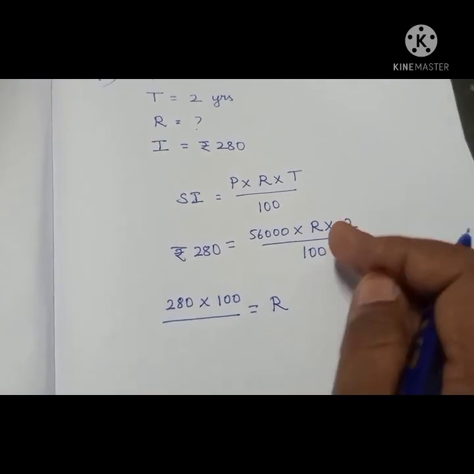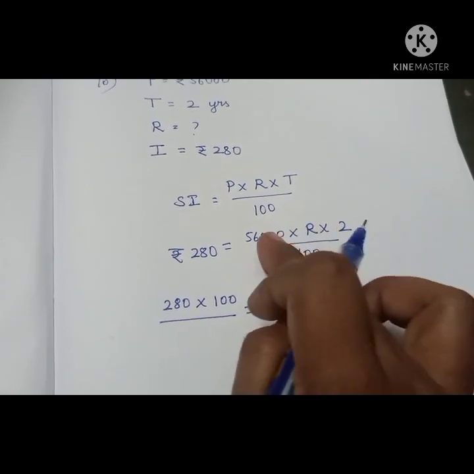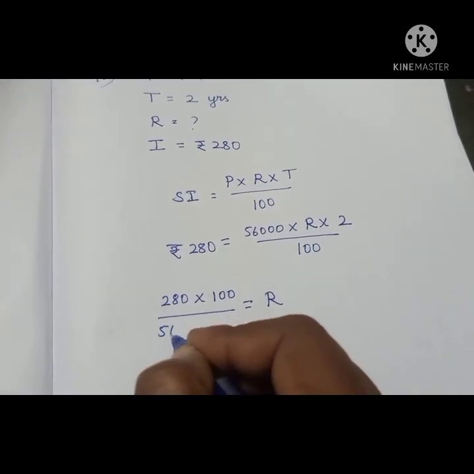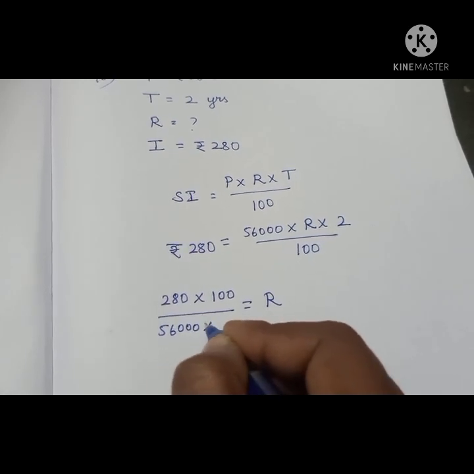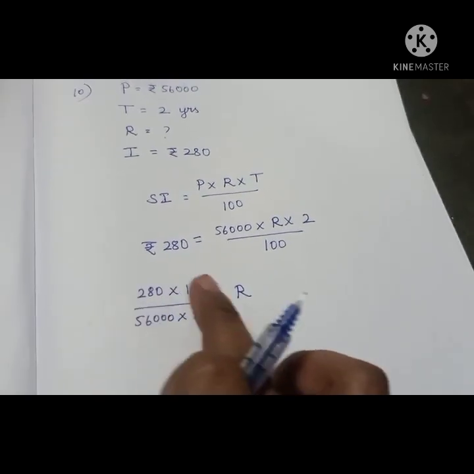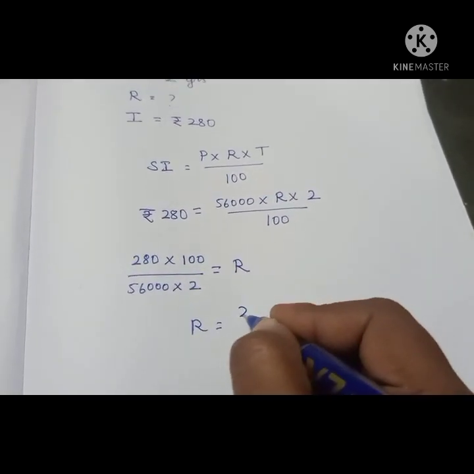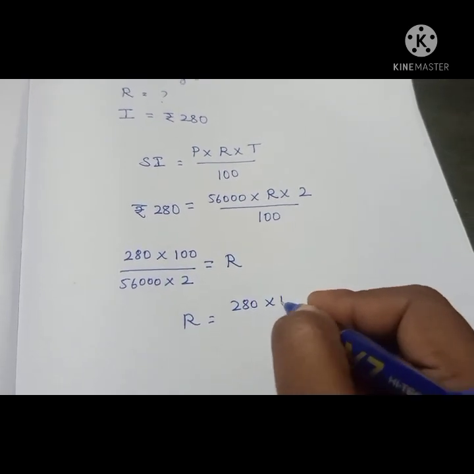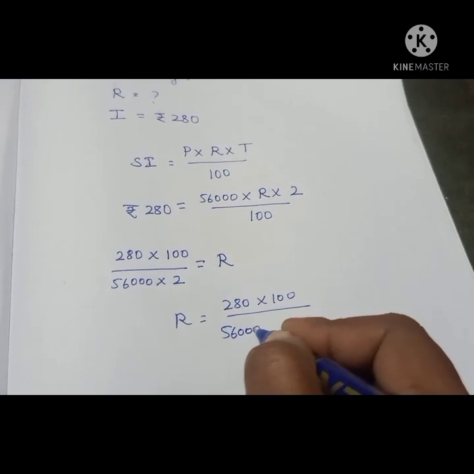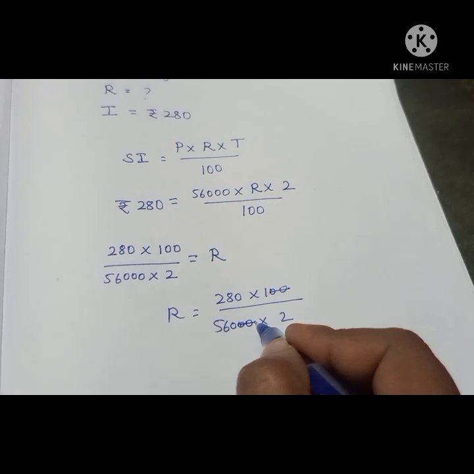Now 56,000 and 2 are in multiplication form with R, so they will come as division. So we exchange sides and write R is equal to 280 into 100 by 56,000 into 2. 0, 0 cancel, 0, 0 cancel.